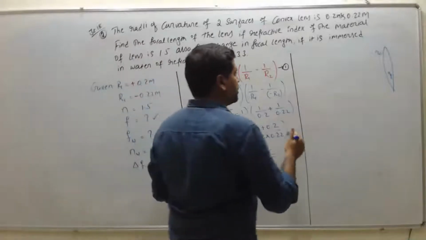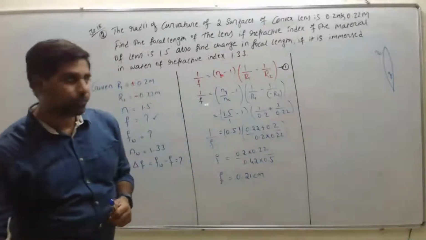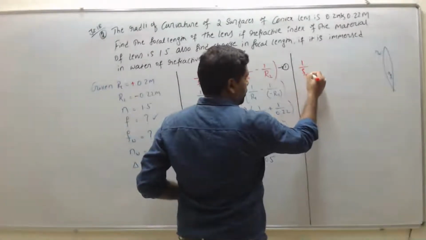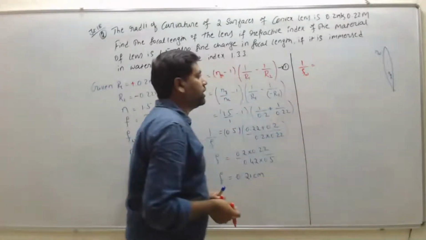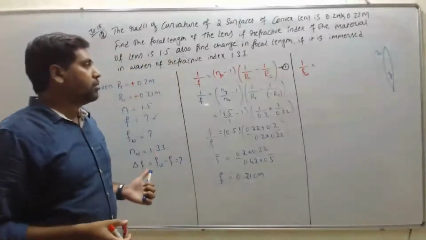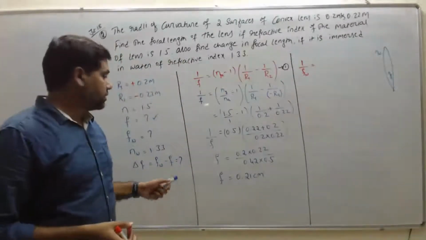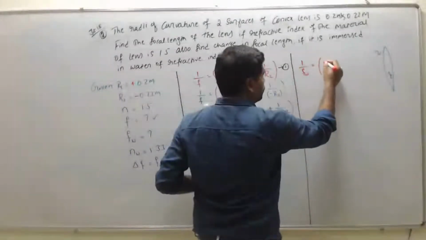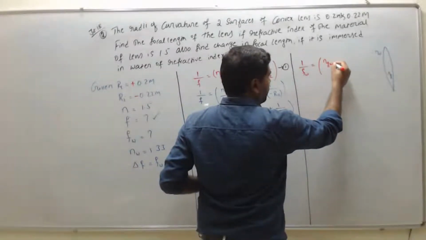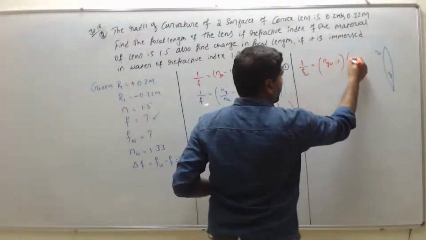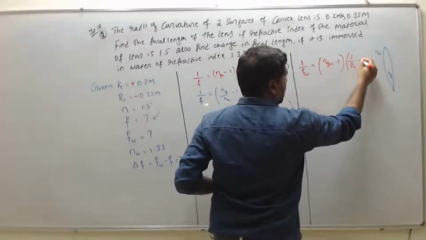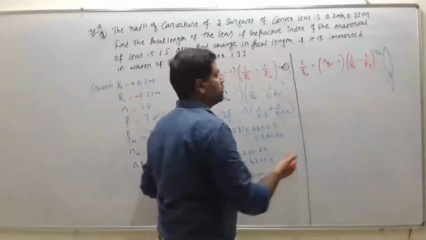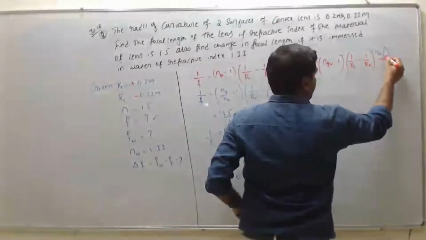Then if we write the lens maker's formula for the focal length of the glass, that is convex lens in water medium, 1 divided by Fw equals (n_gw minus 1) into (1 divided by R1 minus 1 divided by R2). Right, this is the second equation.